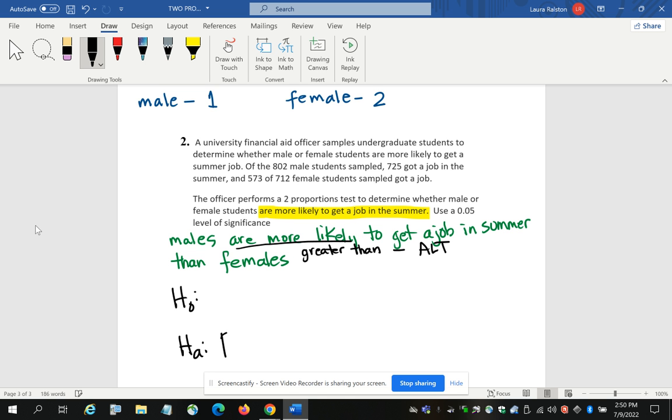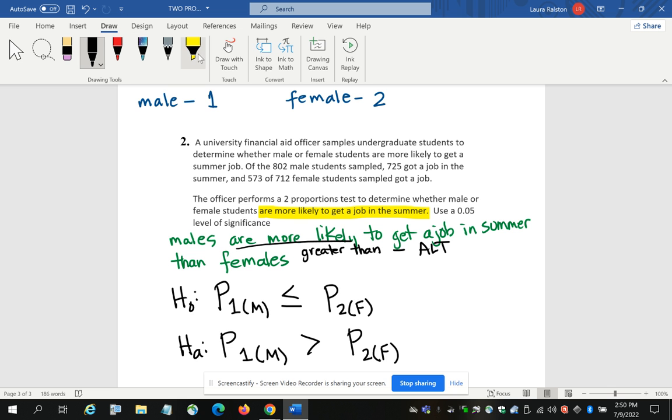So we're saying the proportion of group 1, the males, is greater than group 2, the females. That's my alternative. Therefore, the opposite, which is my null, is that the proportion of males is less than or equal to the proportion of the second group, which is females.